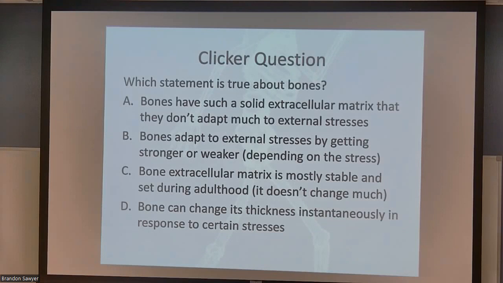Take your guess, see what you think. All right, go ahead and send it in when you're ready. Give you about 10 more seconds.